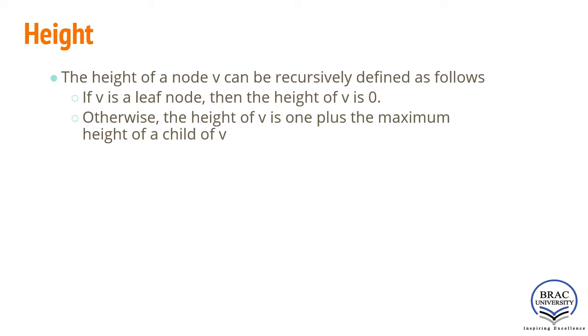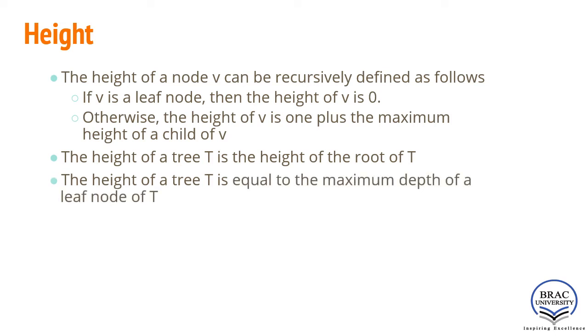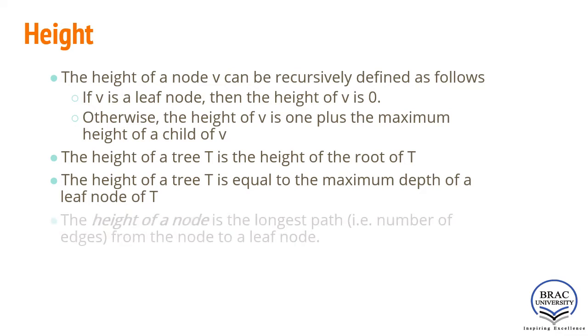Actually, the height of a tree T is the height of the root node of the tree. The height of a tree is equal to the maximum depth of a leaf node of the tree. And the height of a node is the longest path, that is the number of edges from the node to a leaf node.